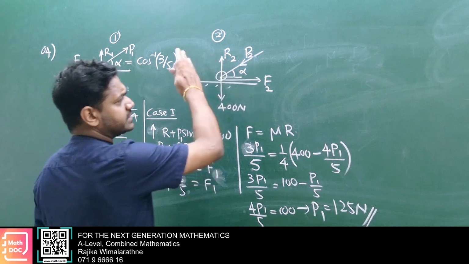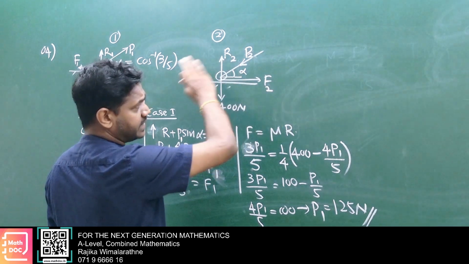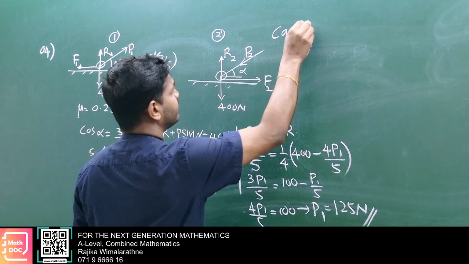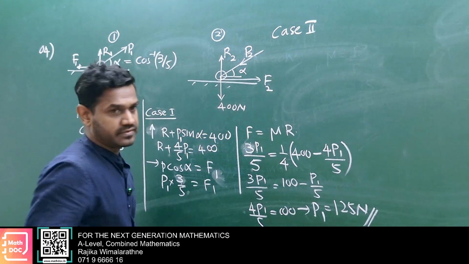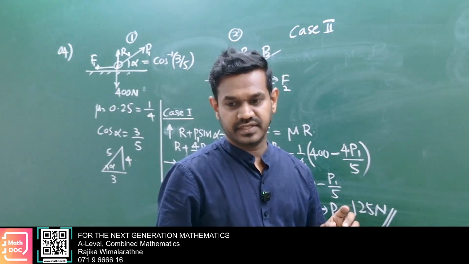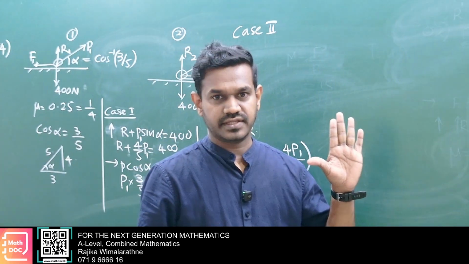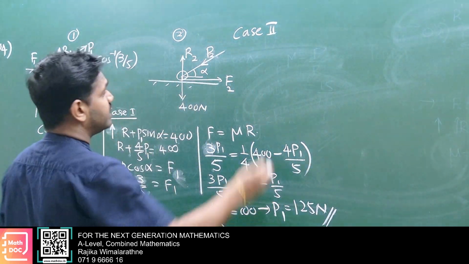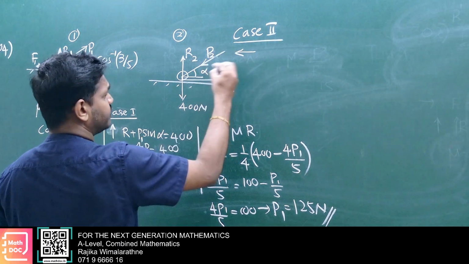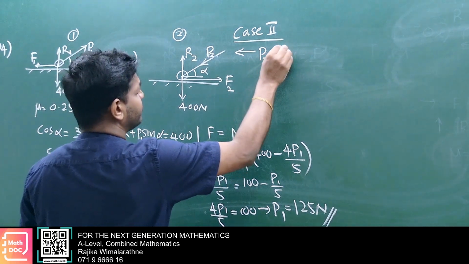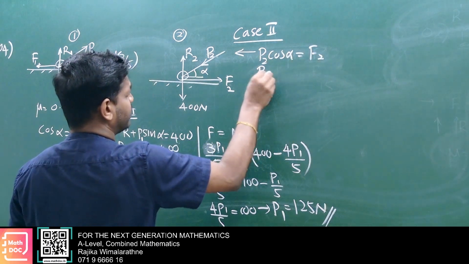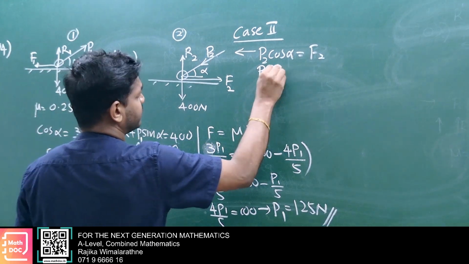Now you go the same path for case 2. You have to consider both because the direction of P is not given, so you have to analyze both. Then consider case 2. Consider horizontal force: P2 cos alpha equals F2, with cos alpha 3/5.